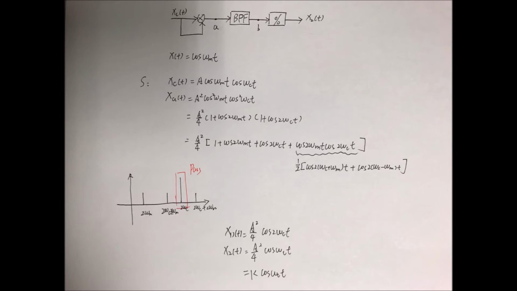Then the frequency divider divides my frequency by 2. That gives A squared over 4 cosine omega c t; we divide the frequency by 2. So it's K cosine omega c t.